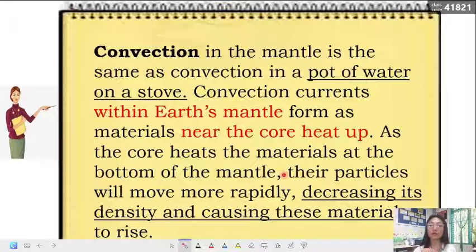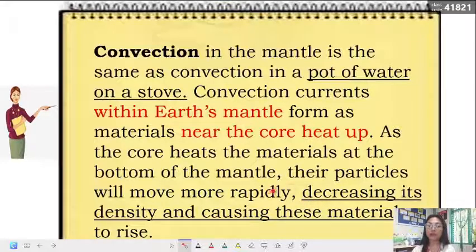So, as I have told you, since the innermost part, which is the core, is very hot, the heat is being transferred to the mantle, so the materials near the core heat up also. As the core heats the materials at the bottom of the mantle, their particles will move more rapidly, decreasing its density and causing these materials to rise.